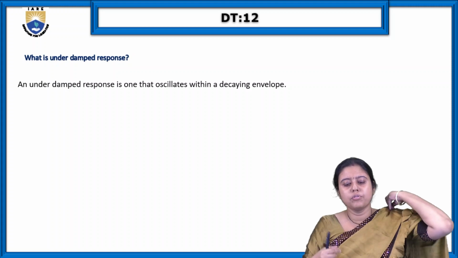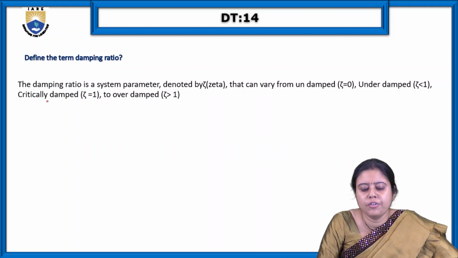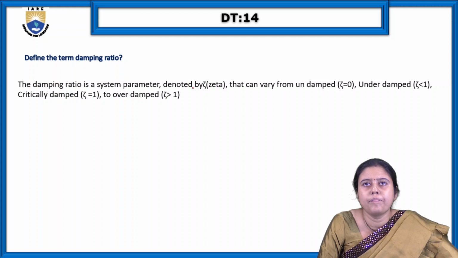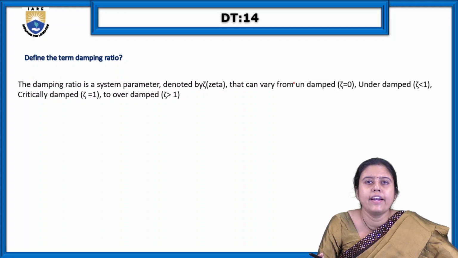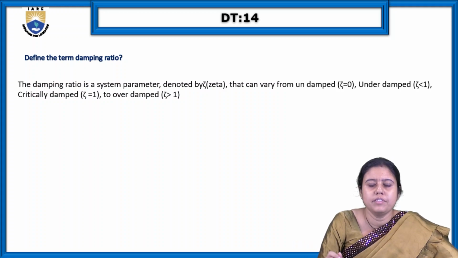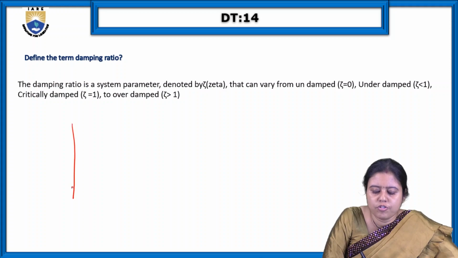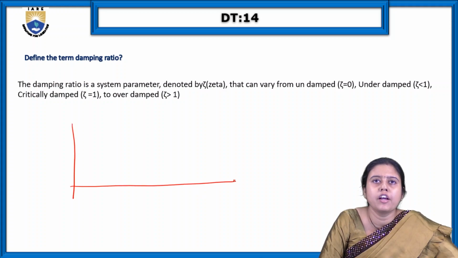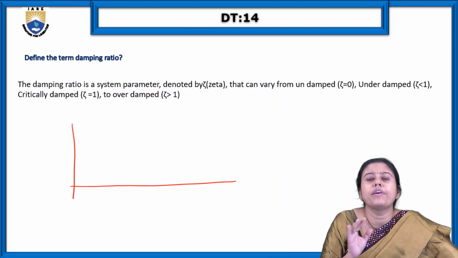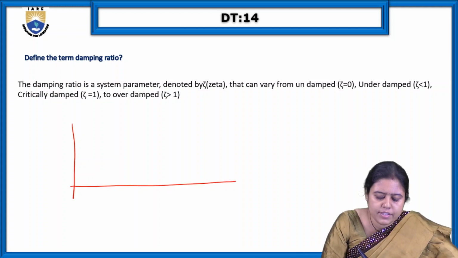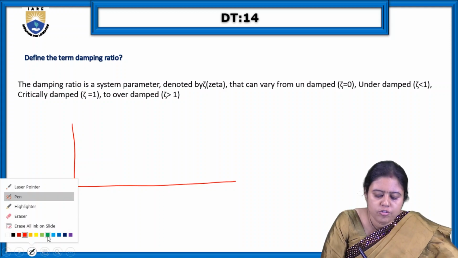Next, we are moving to the term damping ratio. The damping ratio is a parameter denoted by zeta. It can vary from undamped, underdamped, critically damped and overdamped system. If we want to draw, I will show you the meaning of undamped. If there is no damping, no disturbance is present in the system, what will happen?